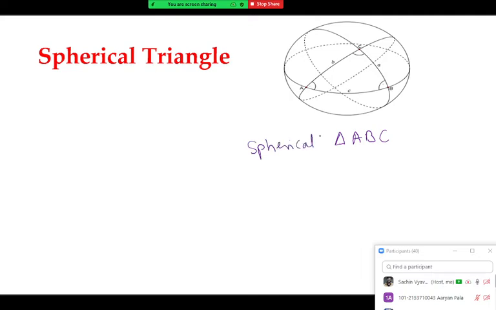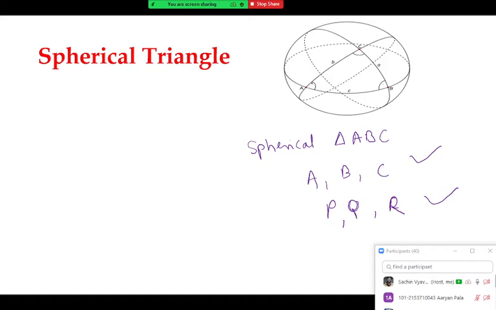In the spherical triangle ABC, now some standard notations that you should remember. For a spherical triangle, we use some universal notations. Capital letters or uppercase letters are used to denote the angles of the triangle. So PQR, ABC mainly denote the vertices as well as the angles of the triangle.